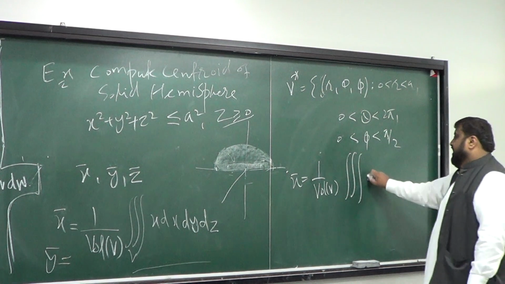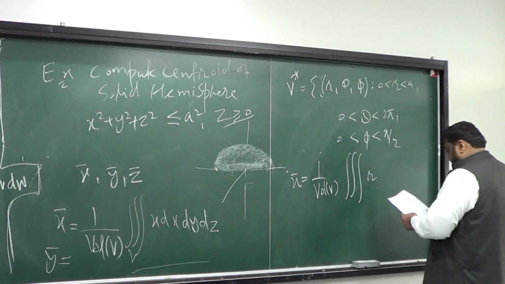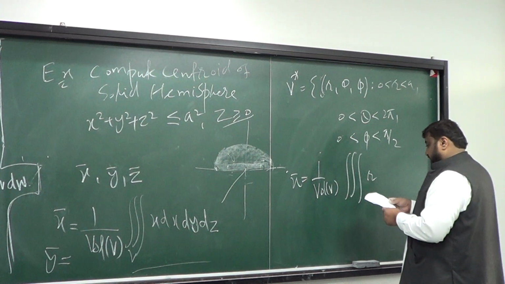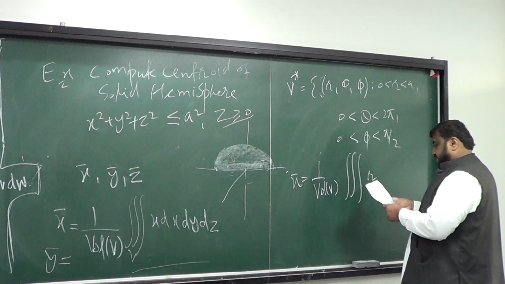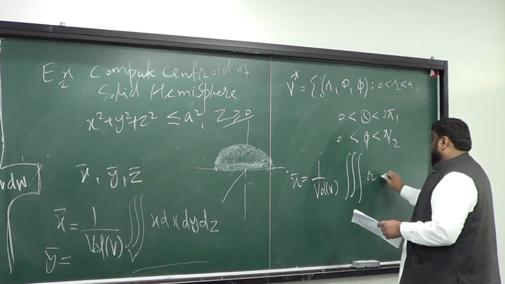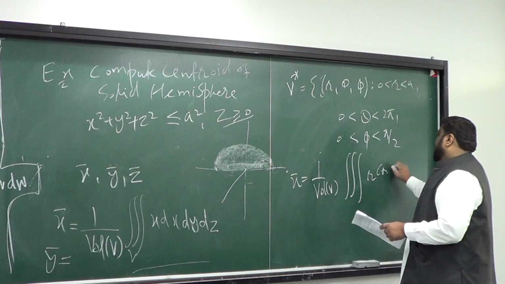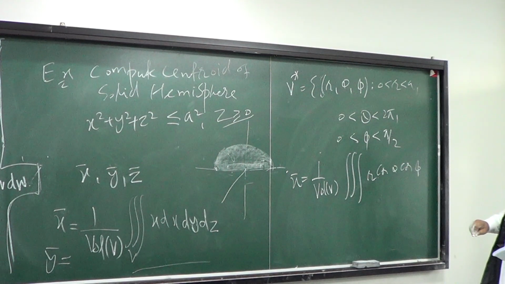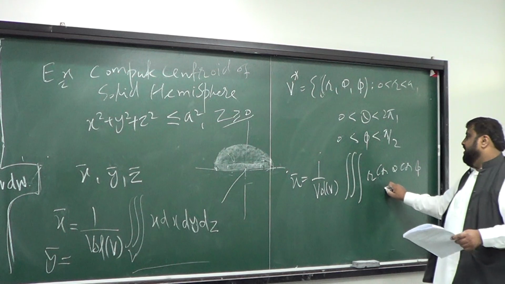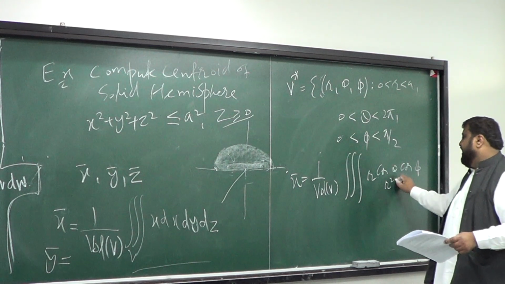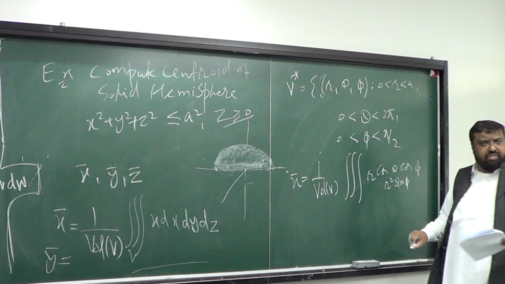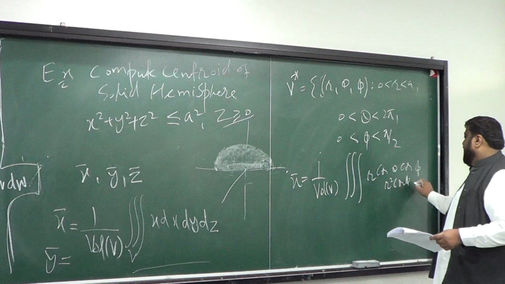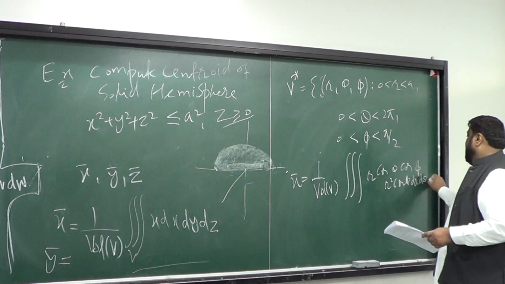It's going to be r cos theta cos phi, and dx dy dz, the Jacobian, is going to be r square sin phi. Sin phi or cos phi? Cos phi. R square cos phi and dr d theta d phi.